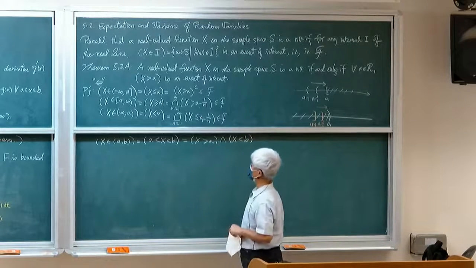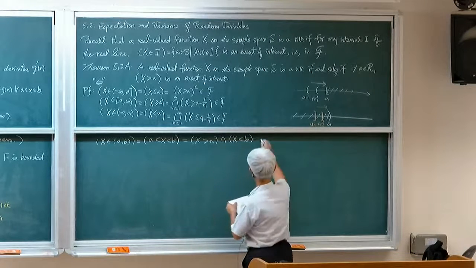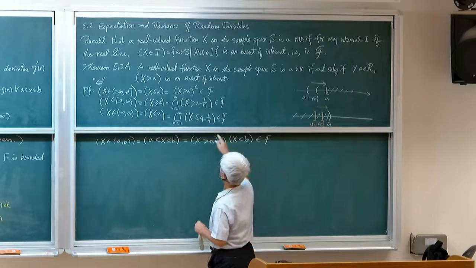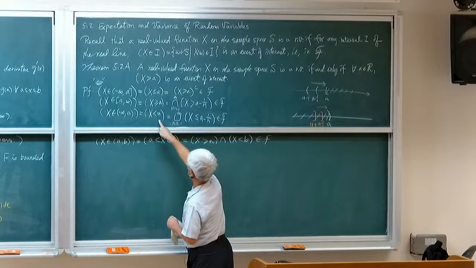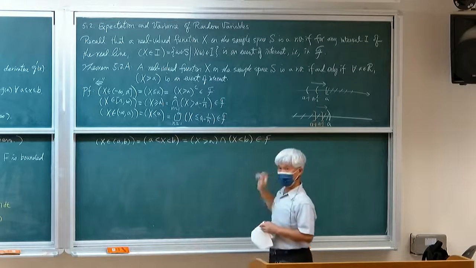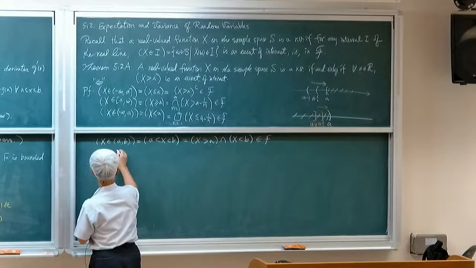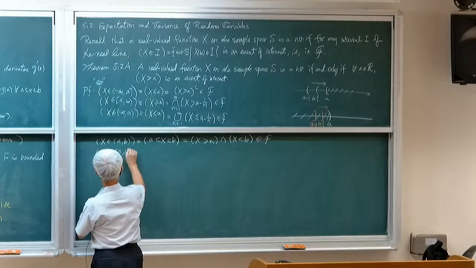So this is the intersection of these two events, and we have proven X greater than a and X less than b here. So the intersection is also in F. Similarly, we have the other two cases.